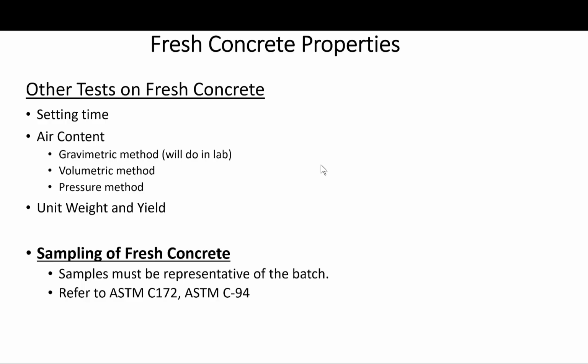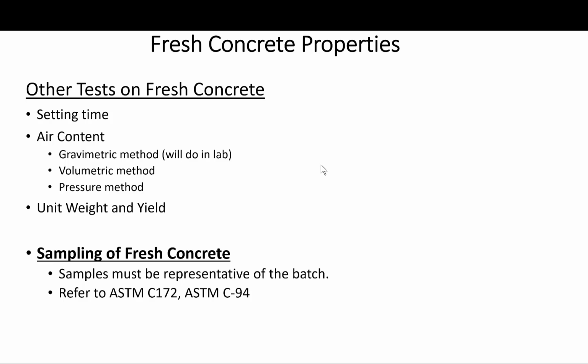It is also important to carry out the sampling as quickly as possible, maybe within 15 minutes, as workability, as we said, in particular, changes quickly with time. A minimum size of 1 cubic foot is required for strength tests, but smaller samples are permitted for air content and slump tests.